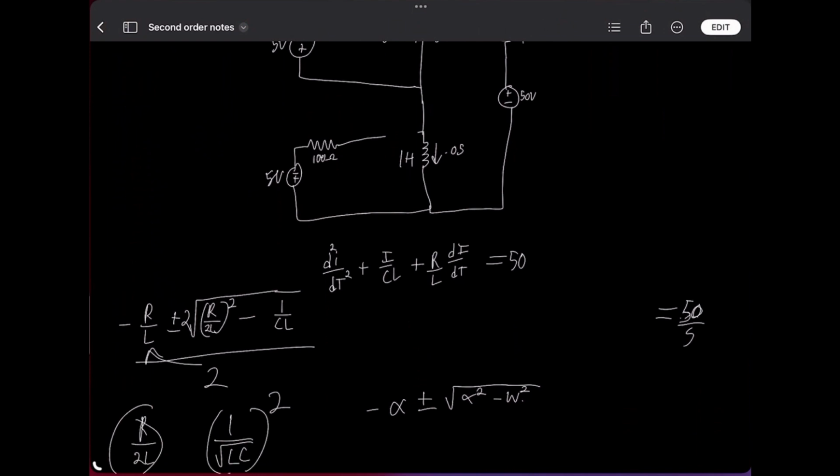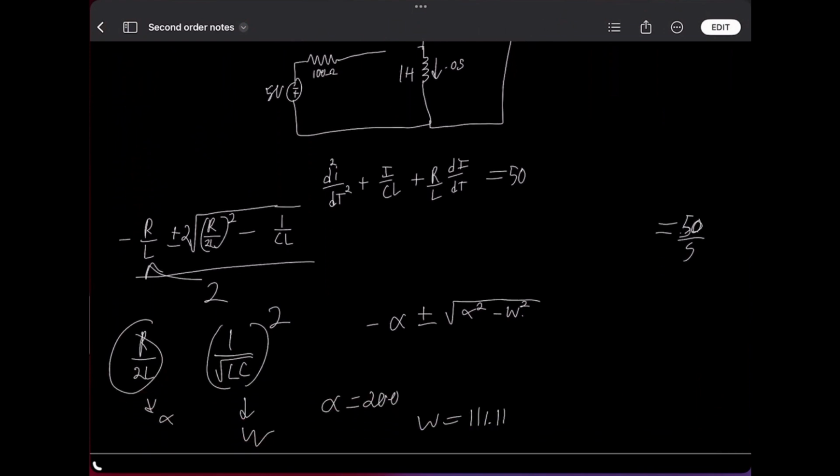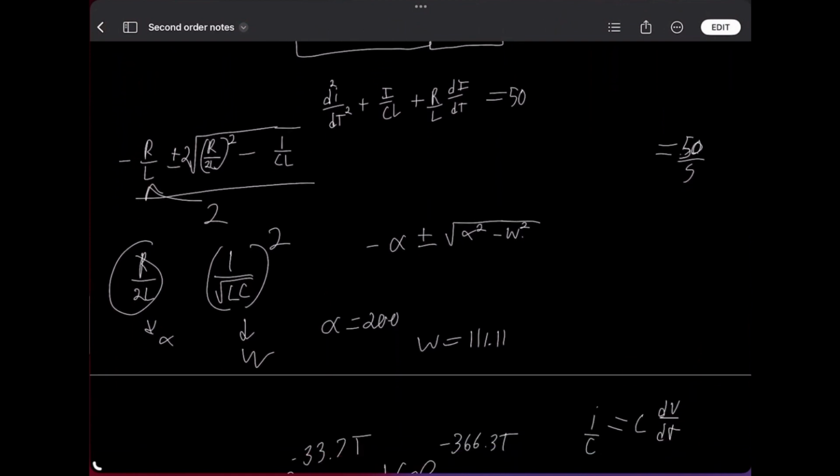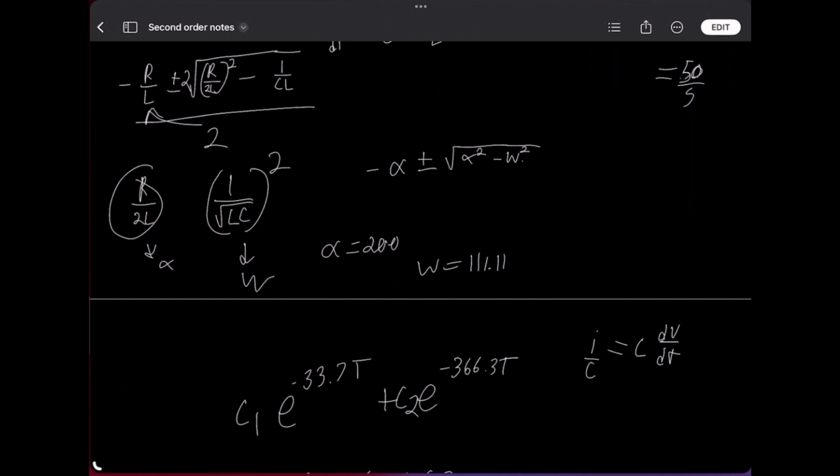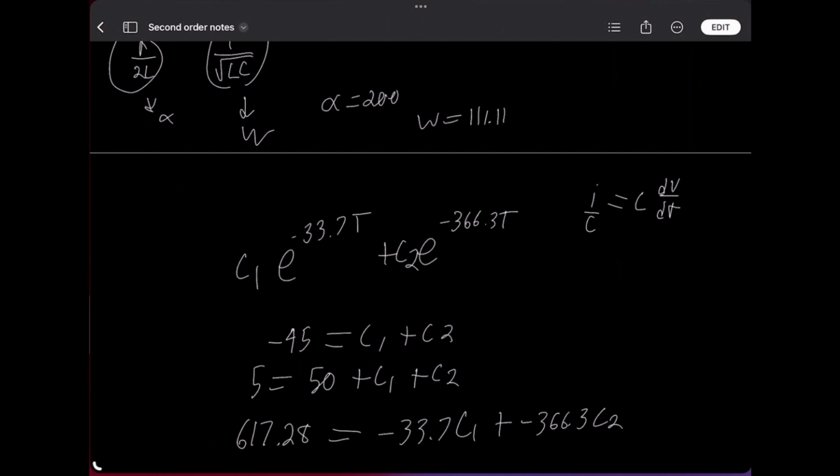This one's a little different. Since this one's in series, your formula is going to be R over 2L for your alpha, and your omega naught is going to be still 1 over root LC. For alpha you should get 111.11, and for omega naught 111.11.